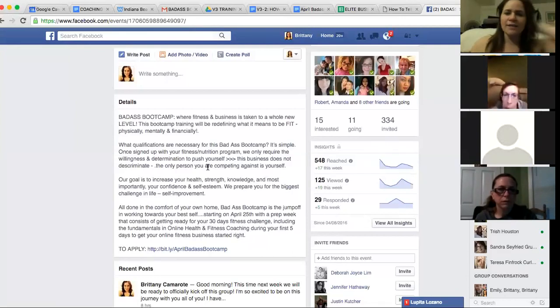So I literally went to some websites and copy and pasted some different things into a document, so then I could collaborate with what they have written and put my own spin on it. So I think the details are super important. Where it says details, it's actually called the description when you are setting up your event page.